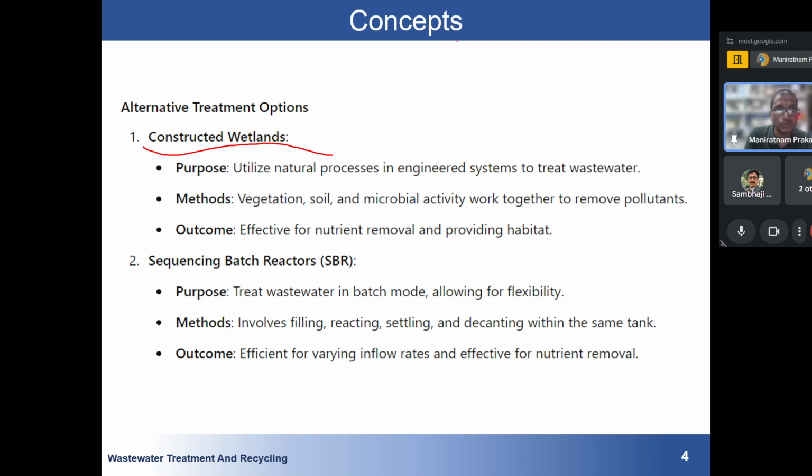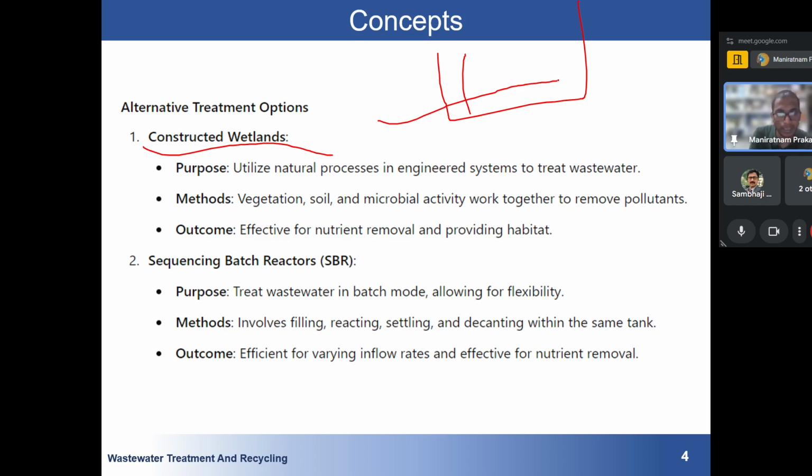Now we build some kind of setup, and in that setup we allow some natural process to occur, maybe some plantation. And we pass our wastewater through the wetland. This is a huge topic, which kind of wastewater has to be passed in this constructed wetland.